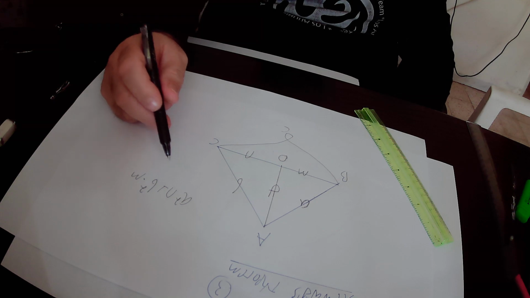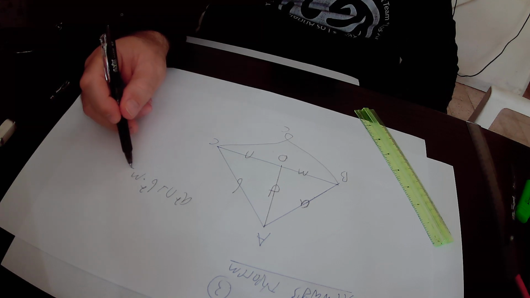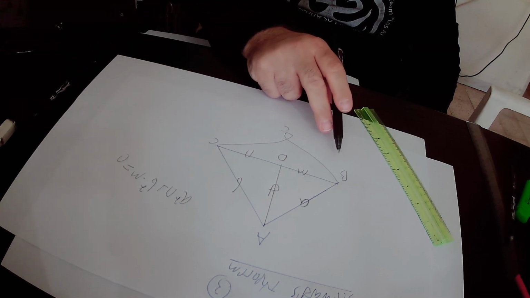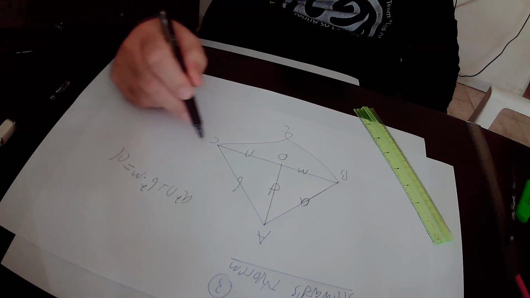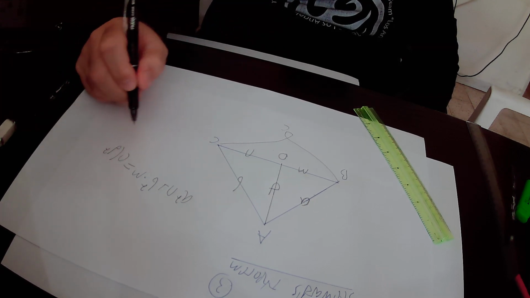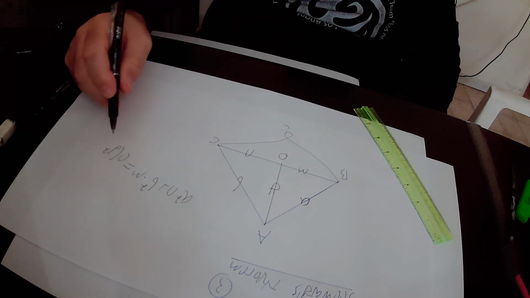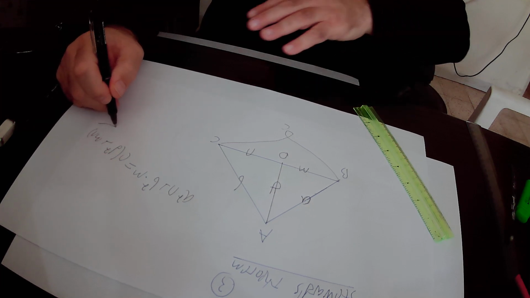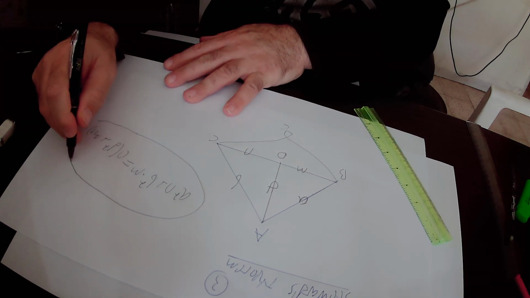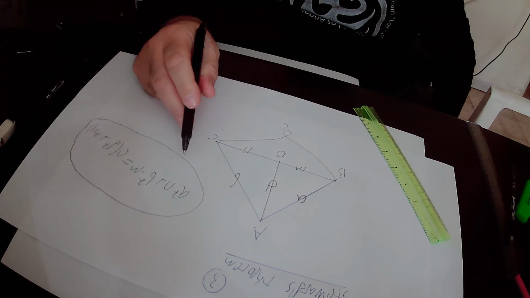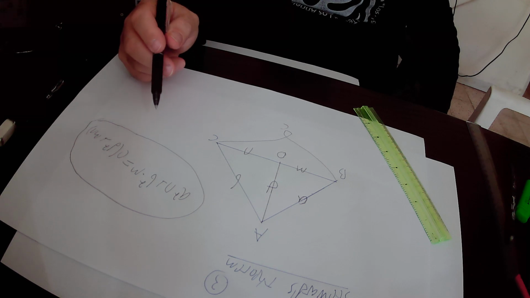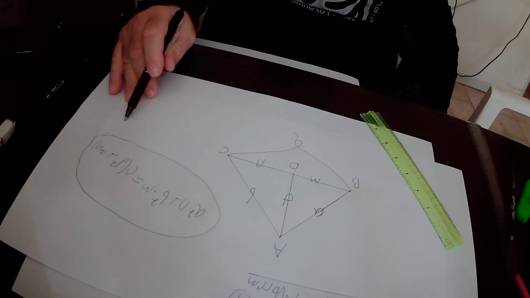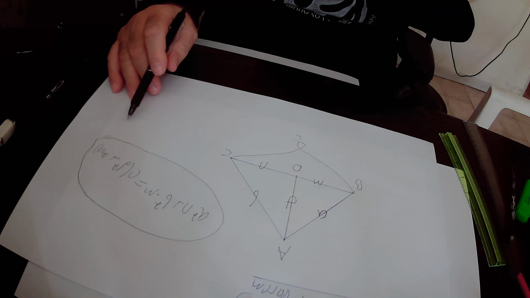So A squared times N plus B squared times M equals C times D squared, where C is the length of the side BC and D is the length of line segment AO, plus MN. Okay? Repeat again, in any triangle, A squared times N plus B squared times M equals C times D squared plus MN. And this equation is true in any triangle.